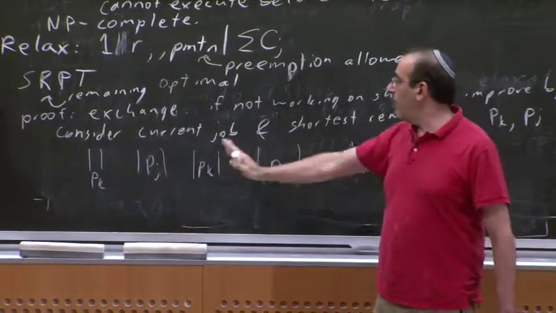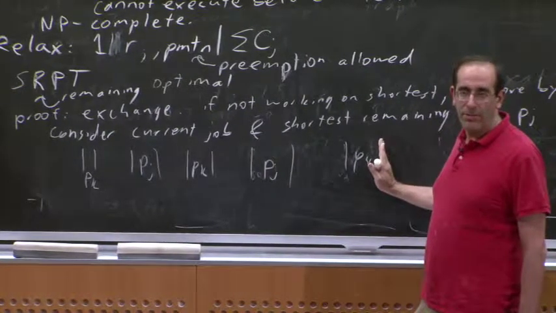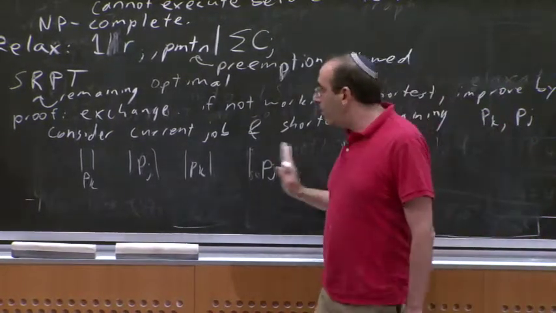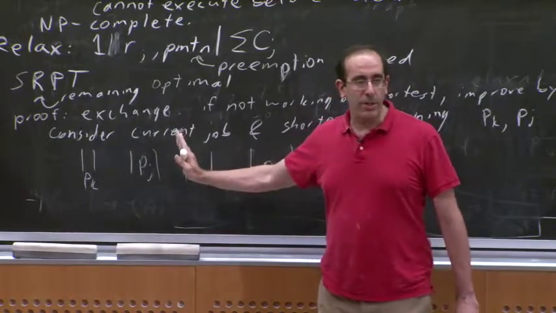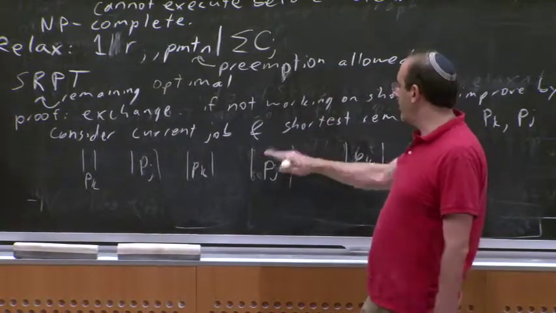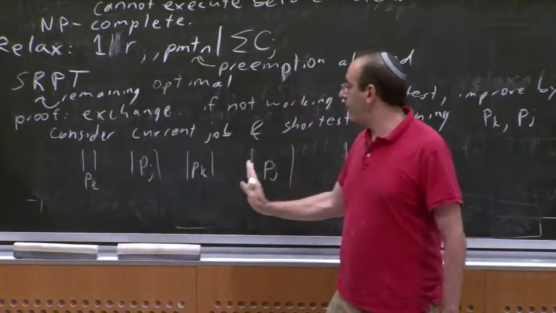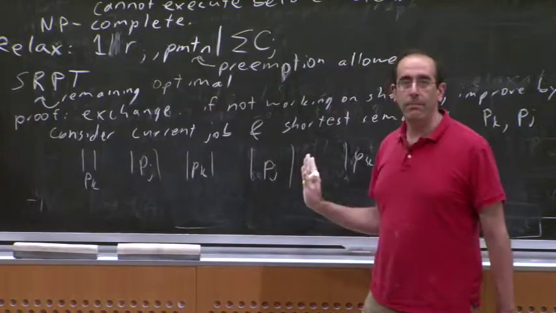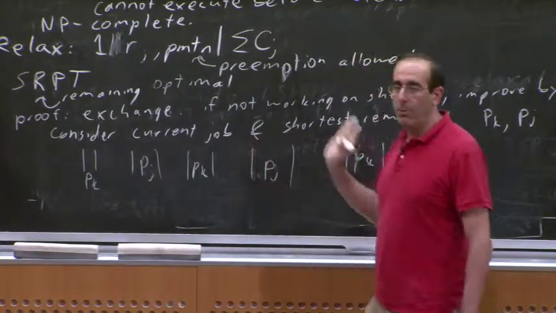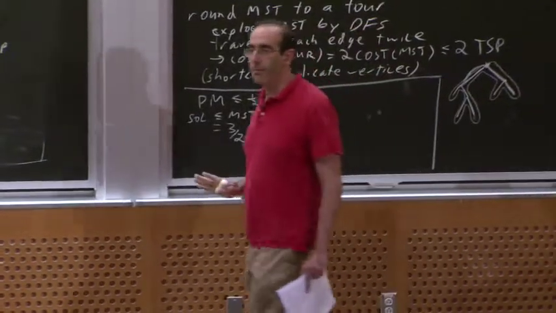So however I rearrange the work, it's not going to change the completion time of the second to finish, but I can push back the completion time of the first to finish. What's the best way to push back the completion time of the first to finish? Is take the shorter of the two and do all of that in as much of these intervals as I need. Okay? So that proves that SRPT is optimal for the preemptive case.